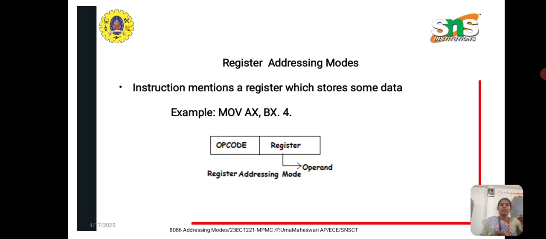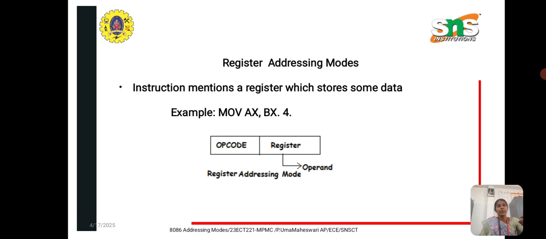In register addressing mode, the operand to be used in an instruction is directly stored in one of the CPU's registers. In a particular microprocessor, like the 8085, we have A, B, C and so on. In a PIC microcontroller it will be different, and in other microcontrollers like the 8051, it will be different too.